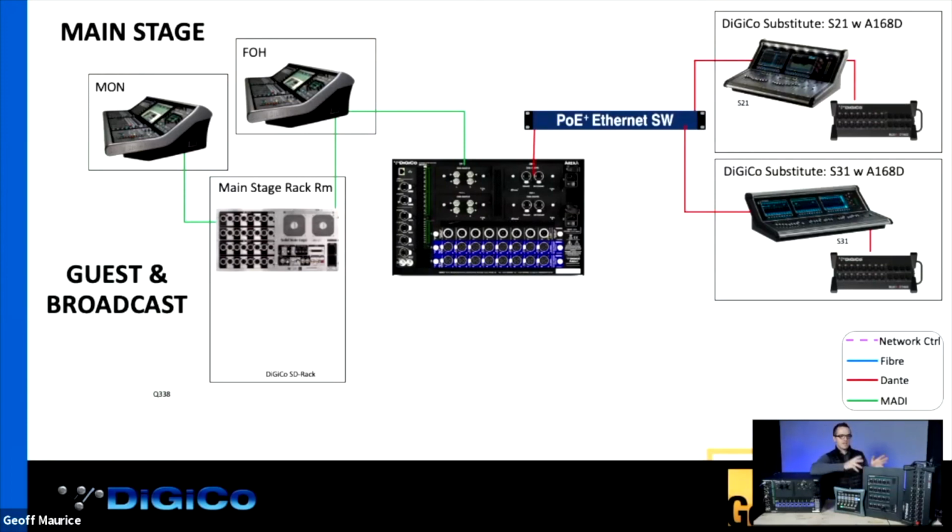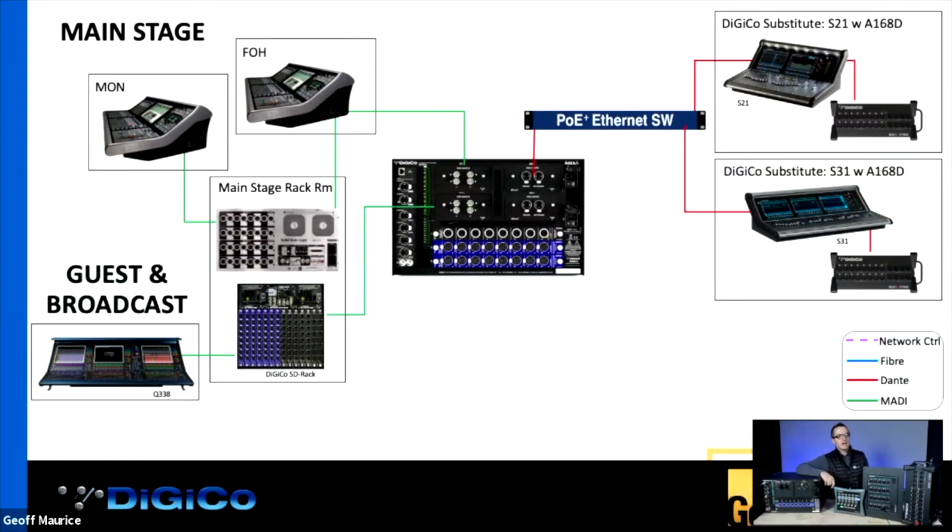So the SSL consoles tie in via MADI. So we have a pair of MADI cards in there, one for the SSL and one for something else. And then we're using the Dante connectivity to tie in a pair of an S21 and an S31, each with their own stage box, back to the Fourier 4.